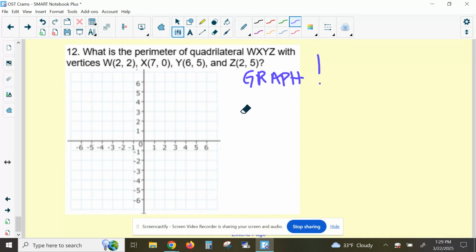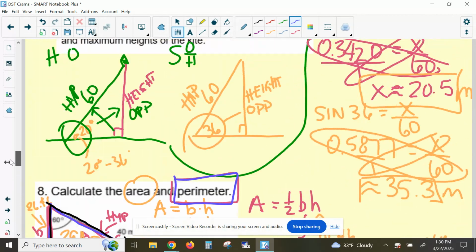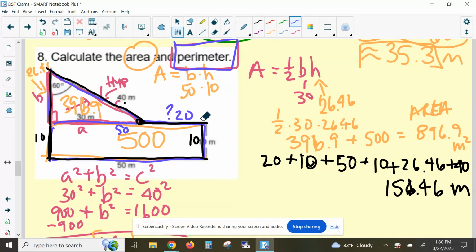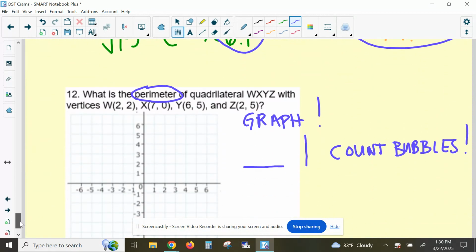And then, if it's horizontal or vertical, then you can count bubbles, right? To get how far it is. They're asking for perimeter, so you're going to have to go all the way around the outside, just like we did for perimeter for this.